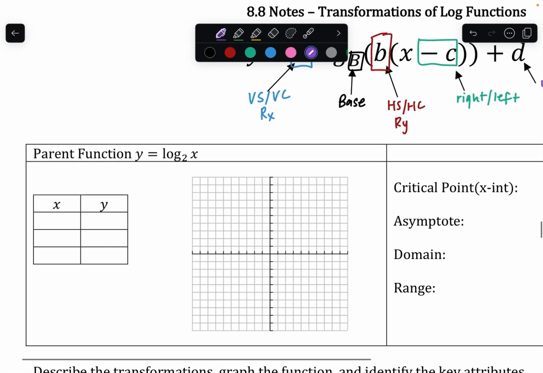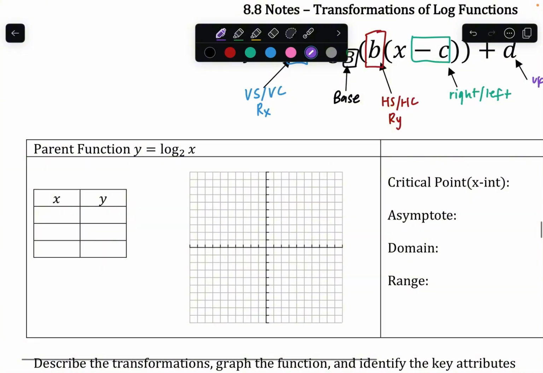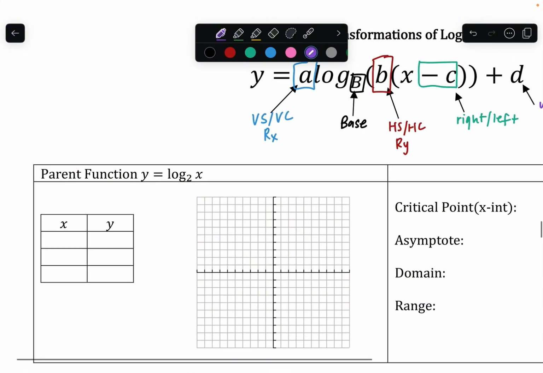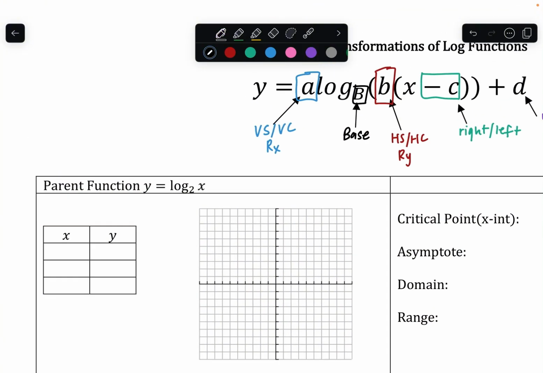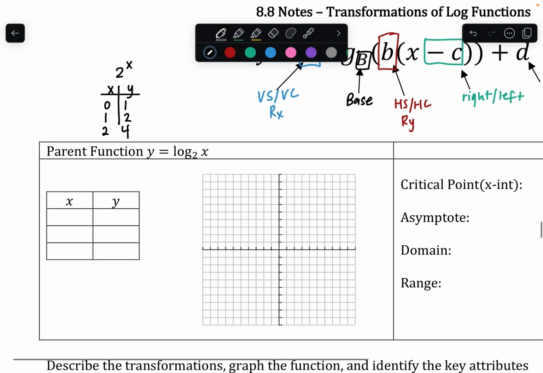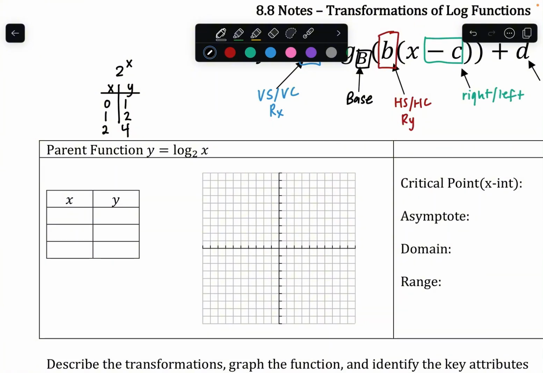Okay, and so looking at the parent function for log base 2, we need to think about what its inverse, 2 to the x, would look like. For the exponential function that has a base of 2, if we plug in 0, we have 1. If we plug in 1, we get 2. If we plug in 2, we get 4. So that situation is going to be completely reversed for log base 2.